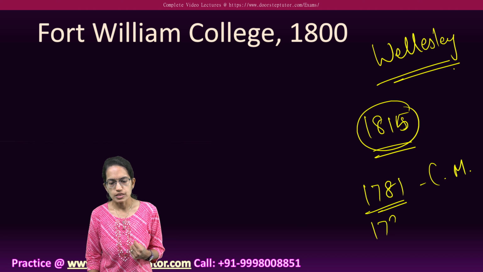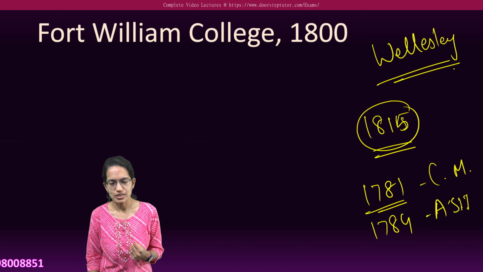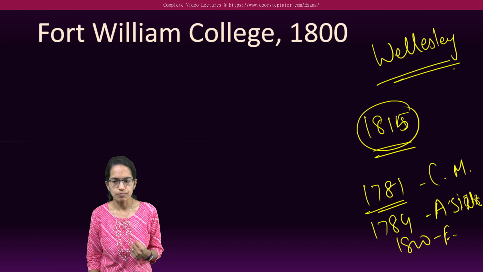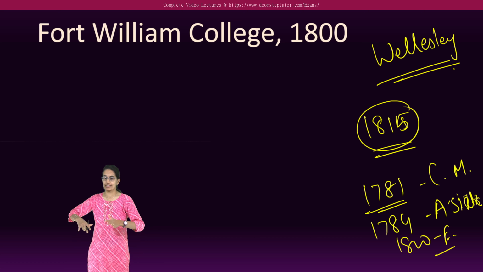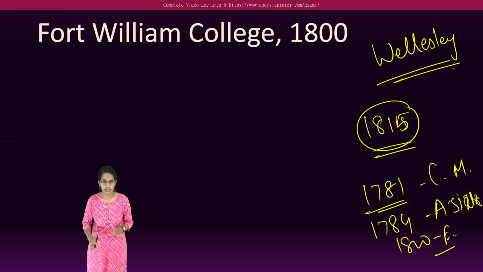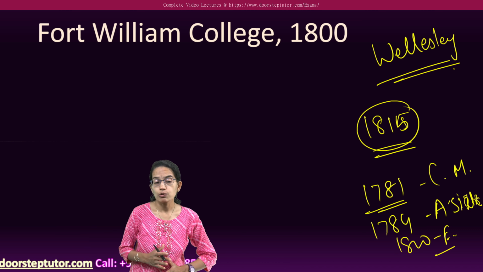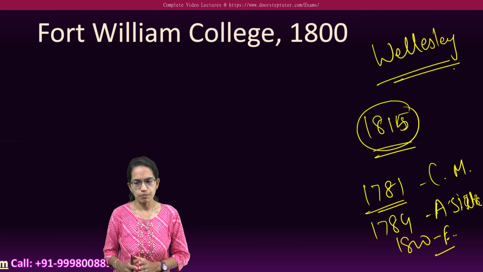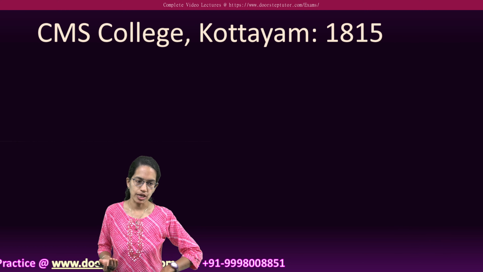The second was in 1784, the Asiatic Society of India, not the Archaeological Survey, so make sure this is the Asiatic Society. And then in 1800, Fort William College. This whole phase of emergence led to what was called the Bengali Renaissance, and Ishwar Chandra Vidyasagar was closely related to Fort William College, and he concentrated mainly on two languages, English and Hindi.